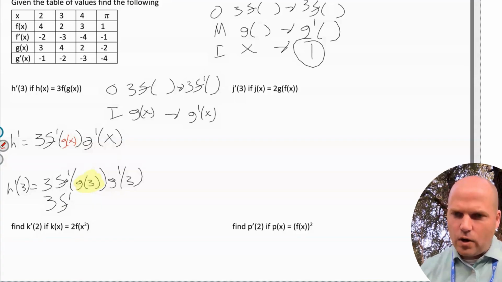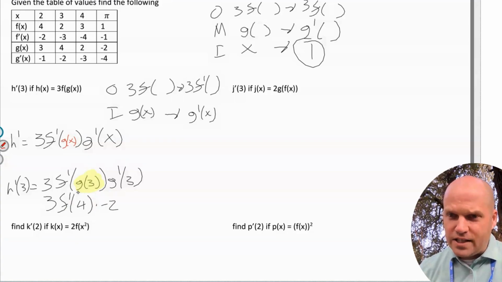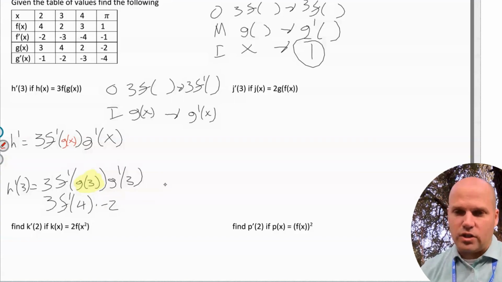F prime of 4 I see is -4. G prime of 3 I can find is -2. So I have 3 times -4 times -2. So that's 3 times 8, which is 24.